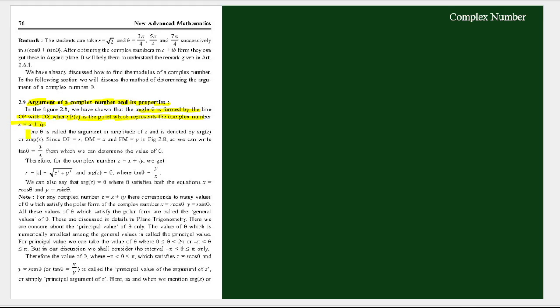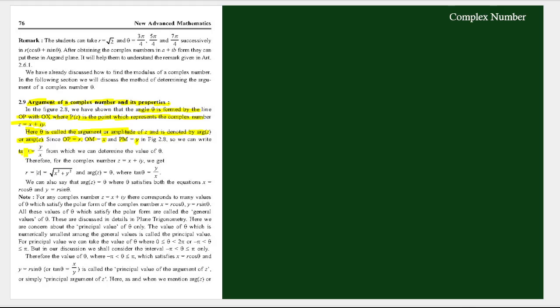So theta is called the argument of complex z and is denoted by arg z or amp z. So you have already learned that OP is r, and from the figure we have discussed, OM is x, PM is y.